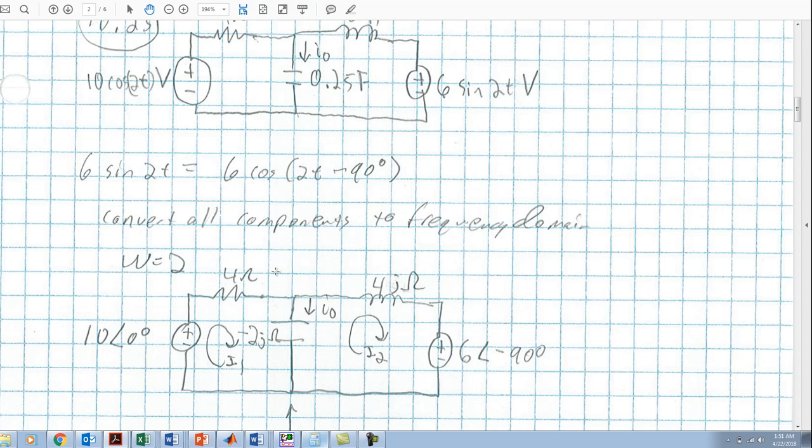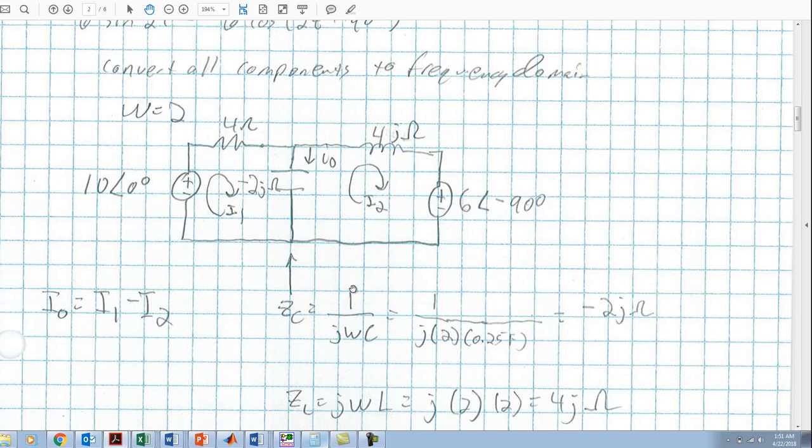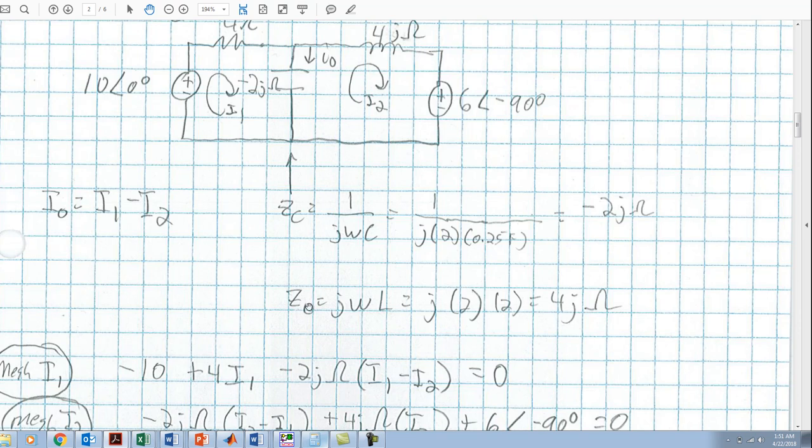And our capacitor is going to be 1 over j omega C. And so you see here we plug in the omega of 2. Our C was 0.25 farads. So when we multiply everything out, and then we can multiply by j over j, we get a negative 2j ohms for the impedance of the capacitor. And then we get a Z of the inductor is j omega L.